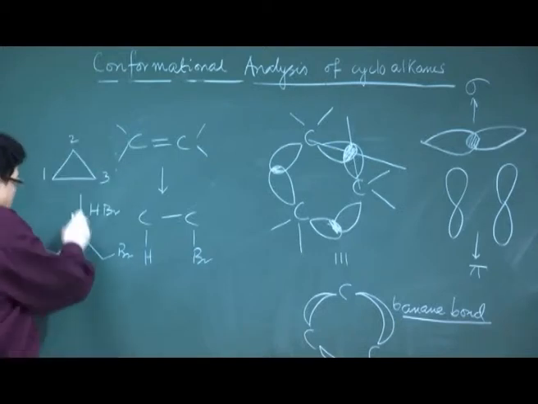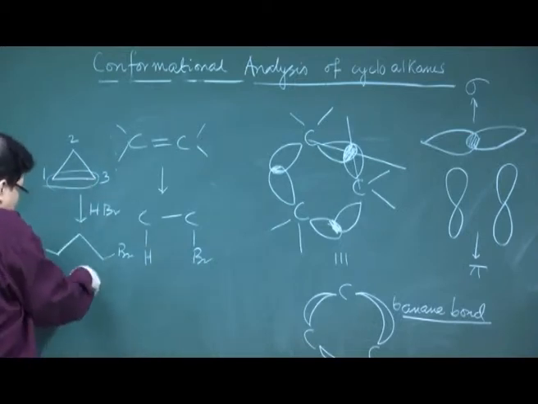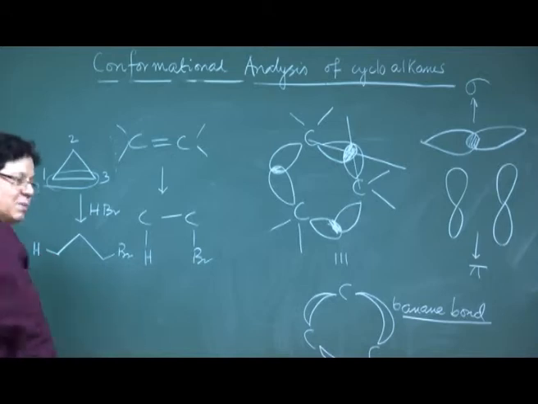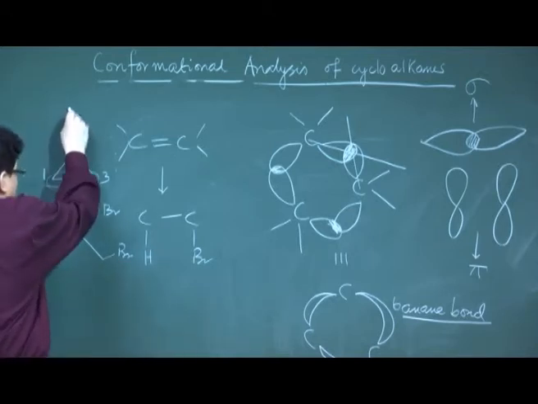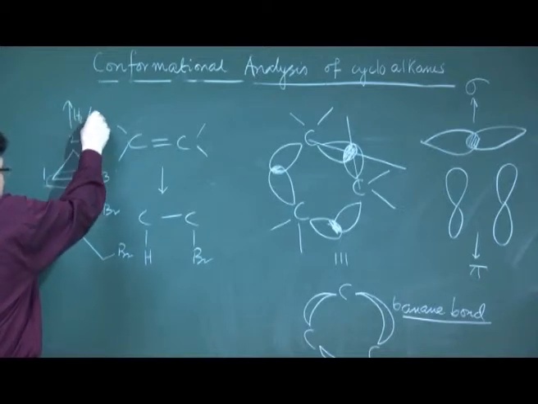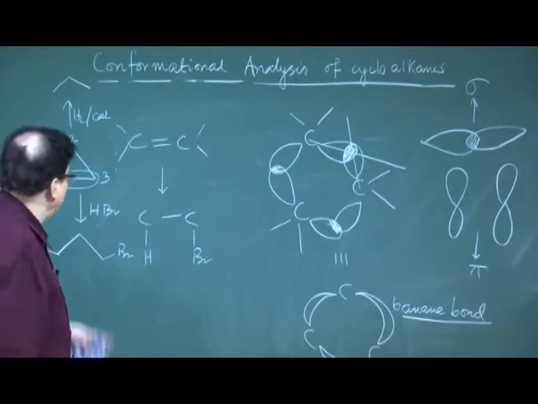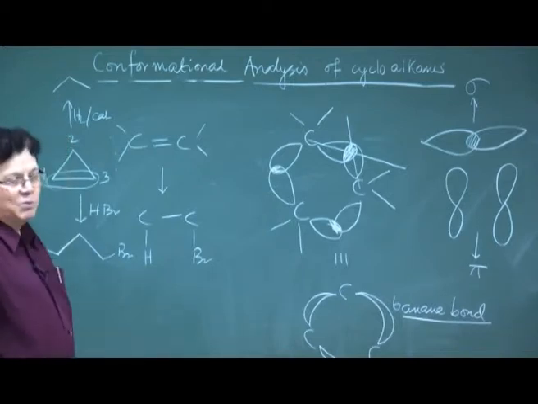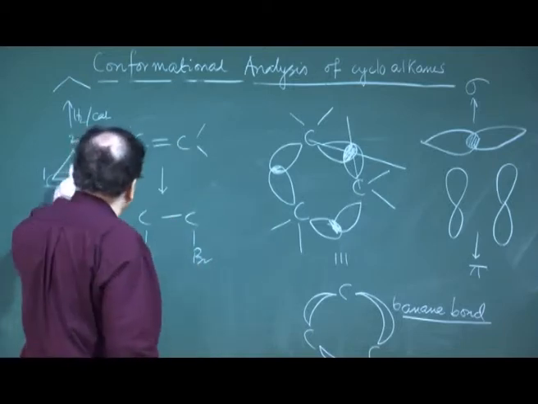But the similarity is that this bond is weak and you can break it, and there will be a 1,3 addition. It is an addition reaction. Similarly, if you add hydrogen in presence of a catalyst, you will get normal propane. If you add bromine, you will get 1,3-dibromopropane. So, that shows that these bonds are weaker.